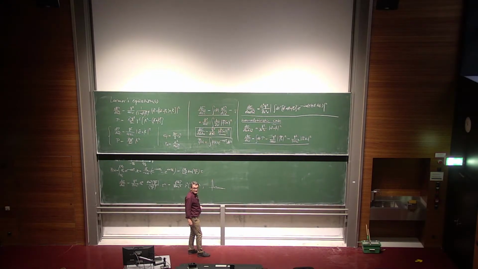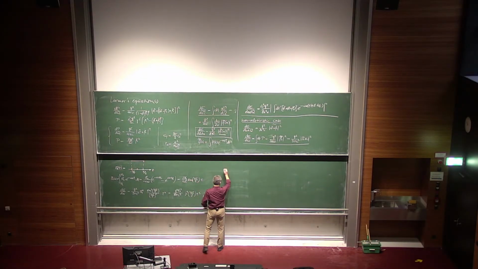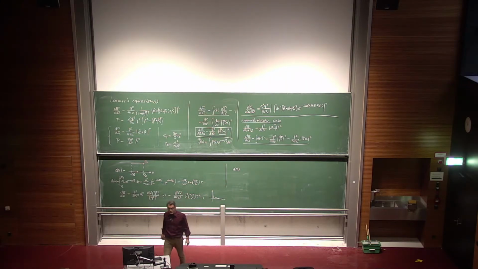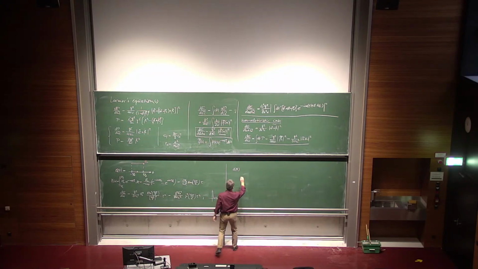Because that can still be expressed in a simpler way. And for that, I'm going to write the acceleration as a function of time and express it by its Fourier transform.